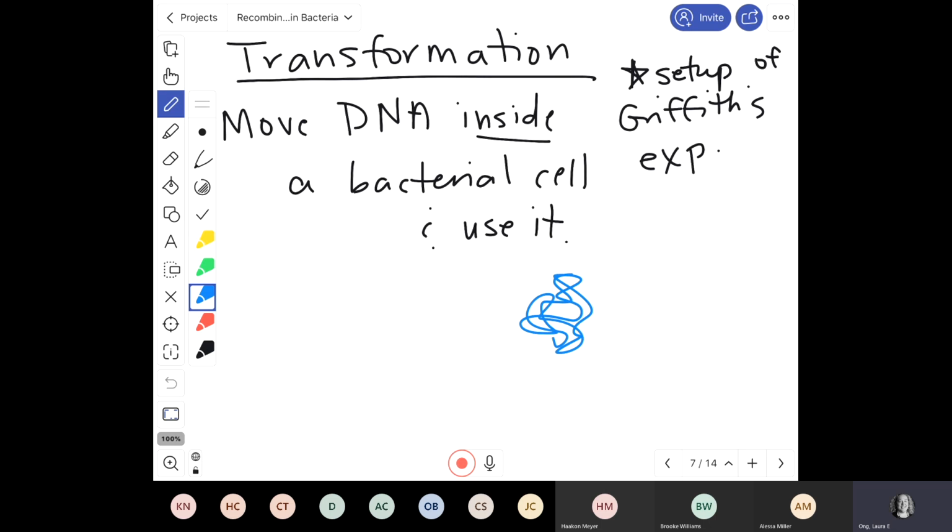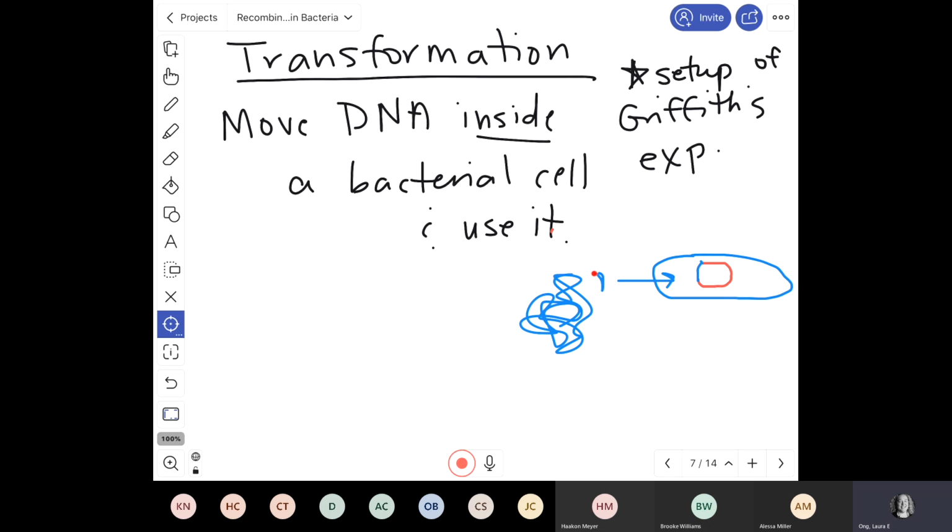So here's some DNA that's in the environment, and they could import a little piece of it into the bacterium. And if they're going to really use it, they have to put that little piece into their chromosome. So if the bacterial chromosome is in red and the new little piece of DNA is in blue, they have to get the piece in, join it with their genome, then they're able to use it.